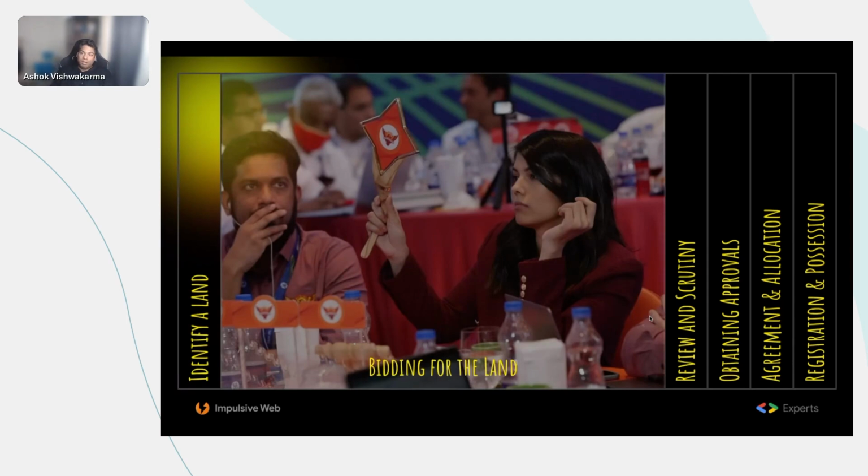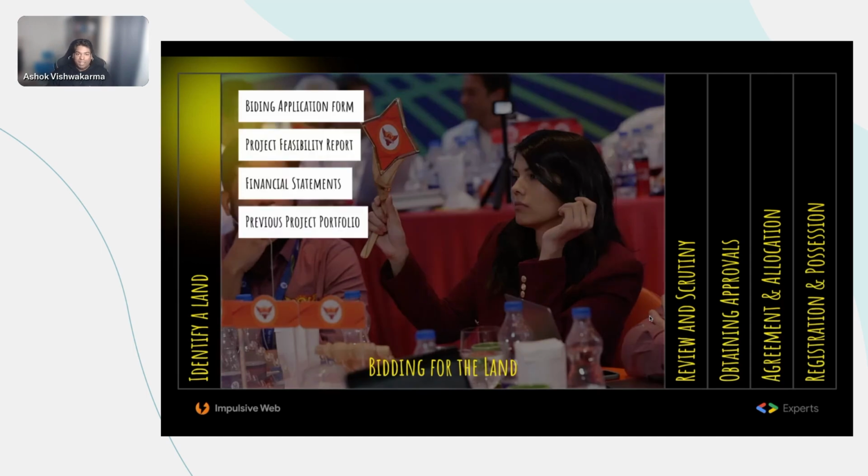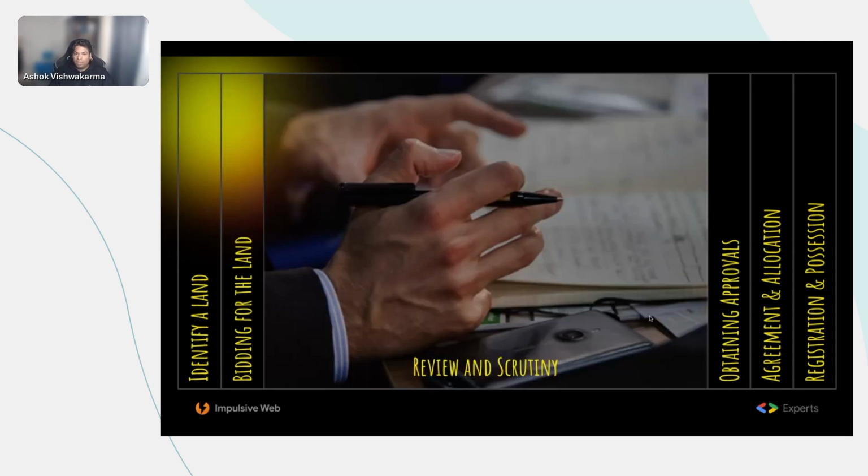Multiple builders want the same land, and the authority has no way to award it to one of them, so they conduct this bidding. In the process of bidding, they also generate a lot of documents. They have to create an application form, and a project feasibility report has to be submitted. Their financial statements are needed, and a portfolio of their previous projects also plays a very important role in getting the bidding awarded.